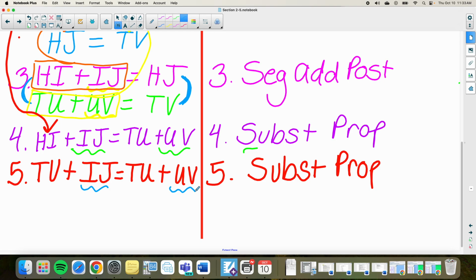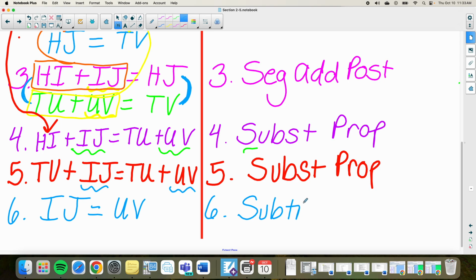Can I get rid of those TUs now? How? Subtraction. So what I can say then is IJ equals UV, and that is subtraction prop.